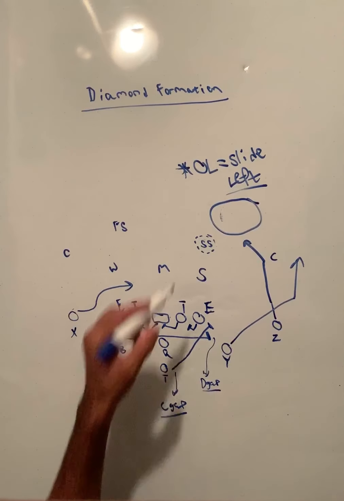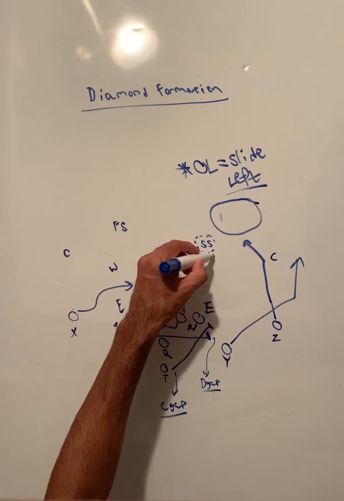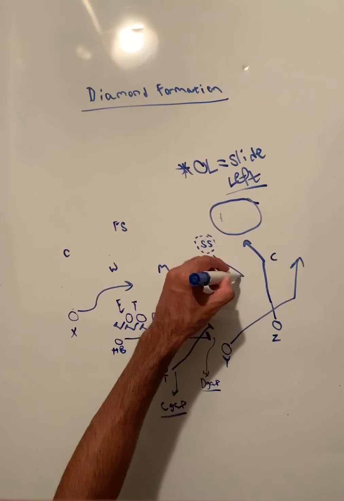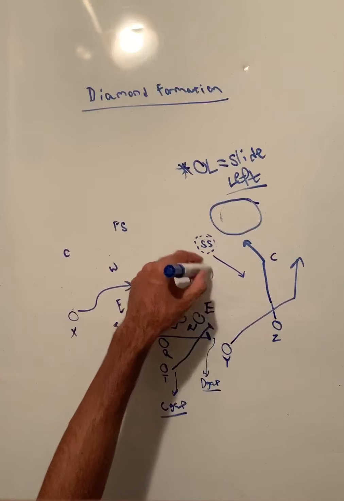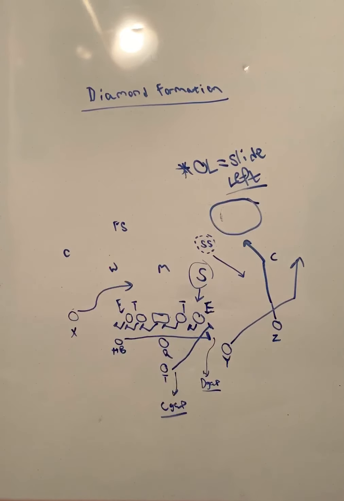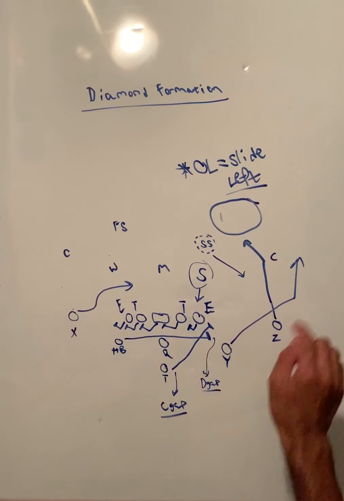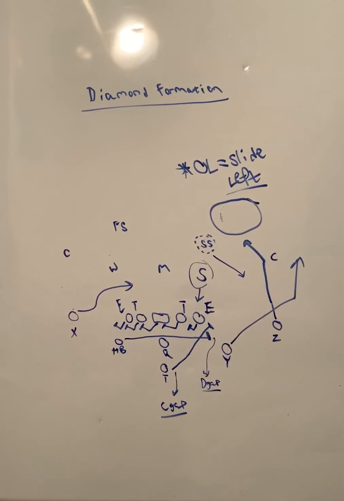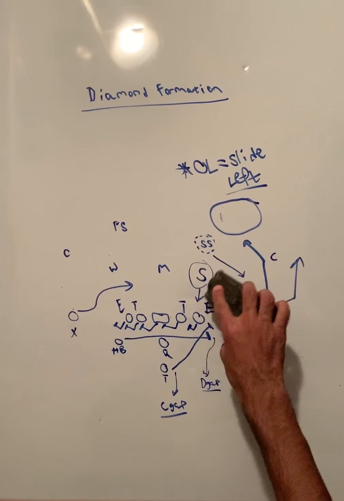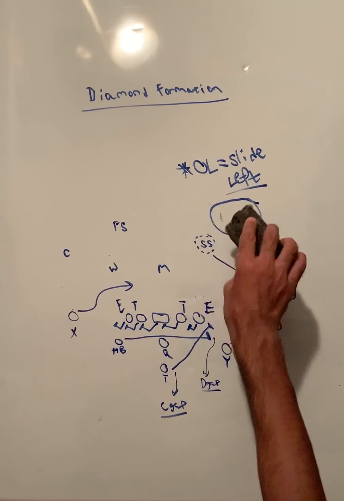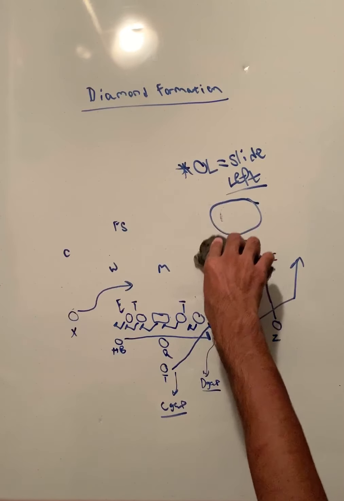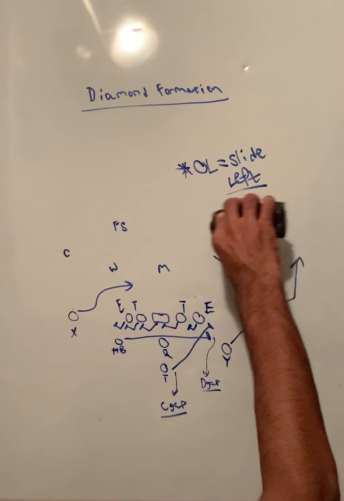And so if he comes down here, right, to match the Y, and the Sam, let's say the Sam blitzes, right? So the Sam comes. The strong safety is going to be on the Y. The Z is going to be one-on-one into the post. So that is how we're going to read this play action play off, again, a two high look.